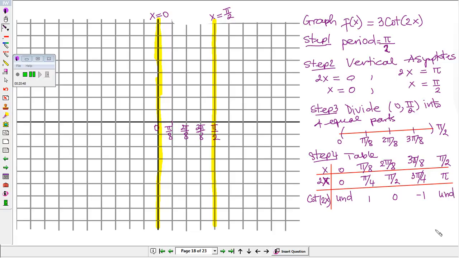And pi is undefined. Last step, we multiply 3 with the 3 middle values, so 3 cotangent of 2x gives 3, 0, negative 3. And the 2 asymptotes are still undefined.